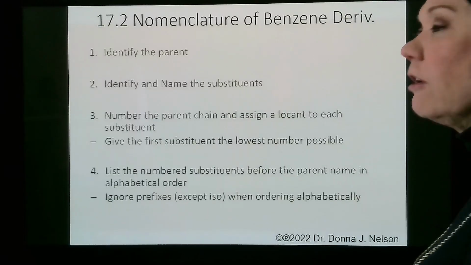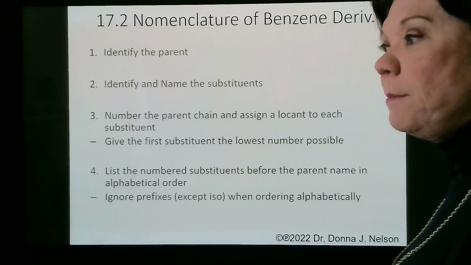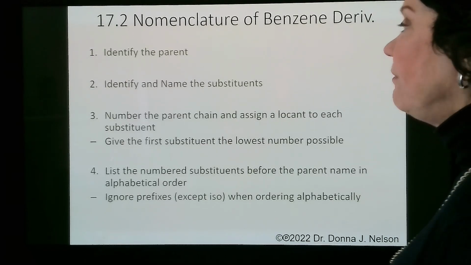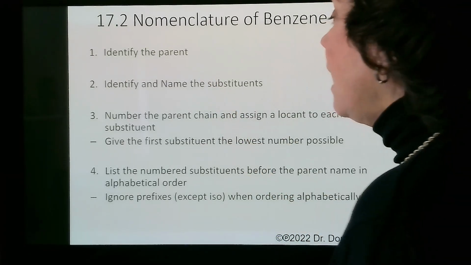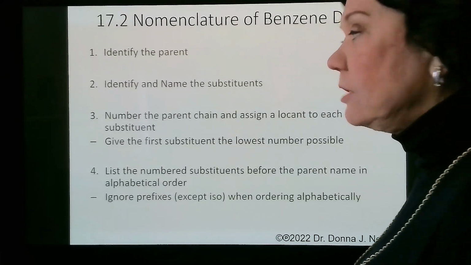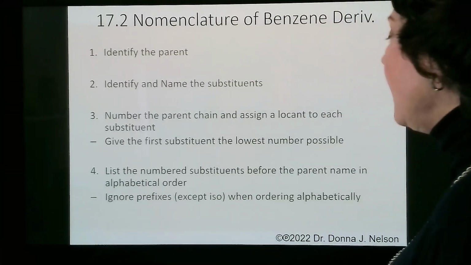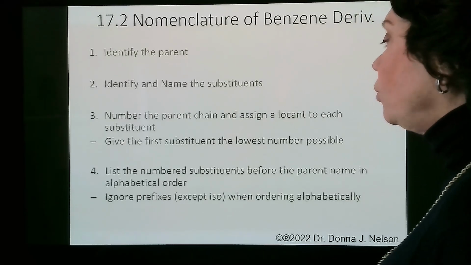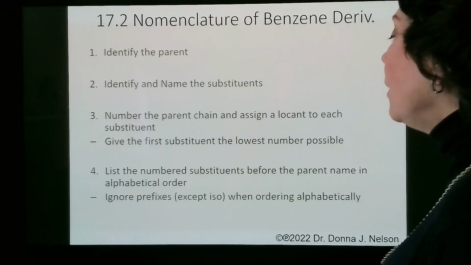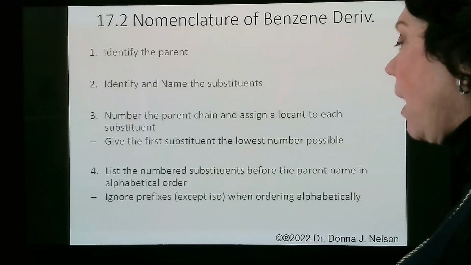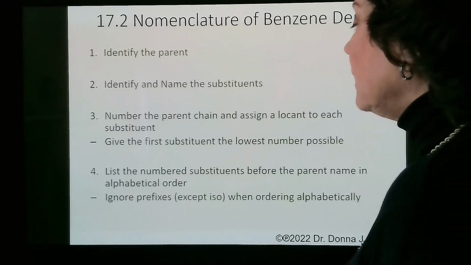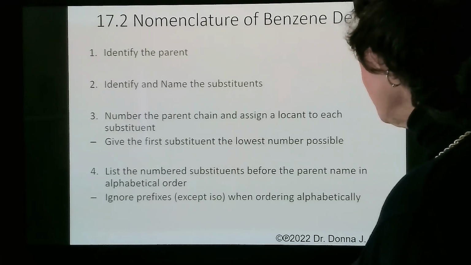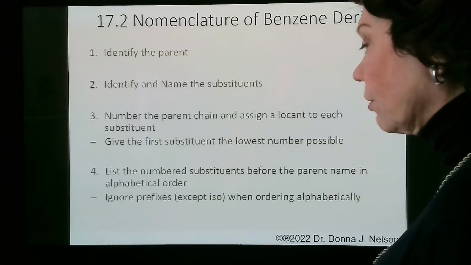The nomenclature of benzene derivatives is in several steps. First, you identify the parent, identify and name the substituents, number the parent chain, and assign a locant, a number, to each substituent. Give the first substituent the lowest number possible. List the numbered substituents before the parent name in alphabetical order.